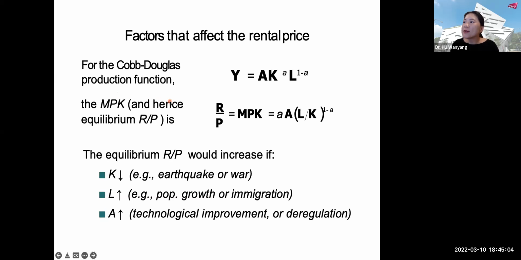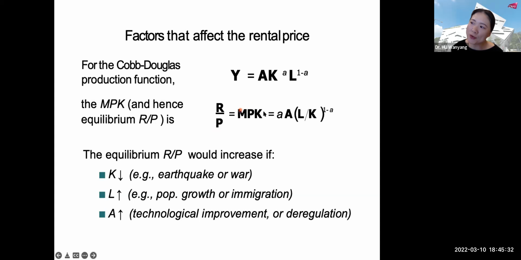Next we are going to look at a few factors that affect the rental price. We will derive it from the production function. In the last slide we already got this formula: the marginal product of capital equals the real rental price.